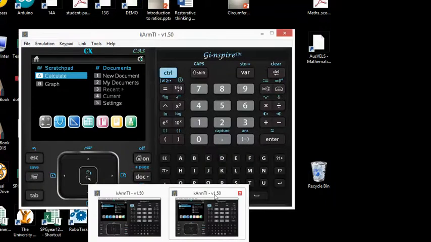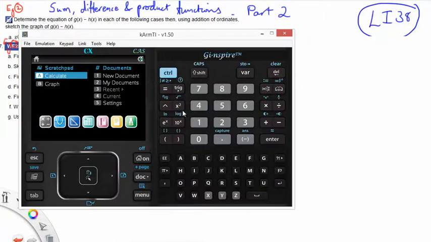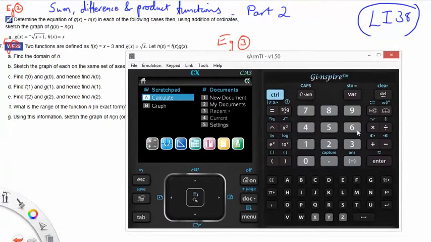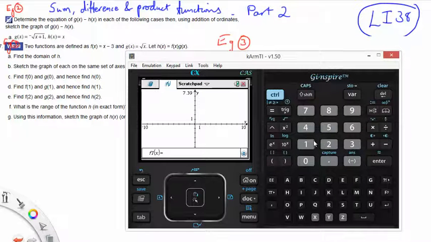Okay, let's grab this calculator and let's check the previous answer. So I'm going to go to the graphs page. I know it's deleted, but we remember what it looks like. So we want to sketch negative root x plus 1. There's one graph.